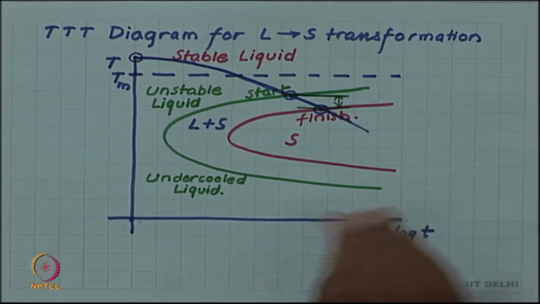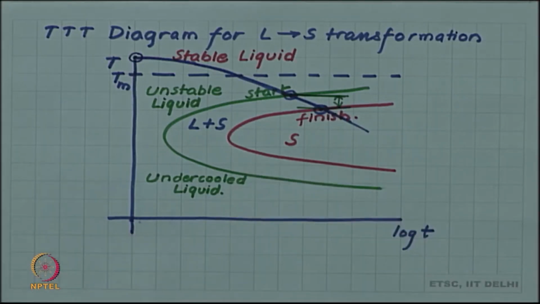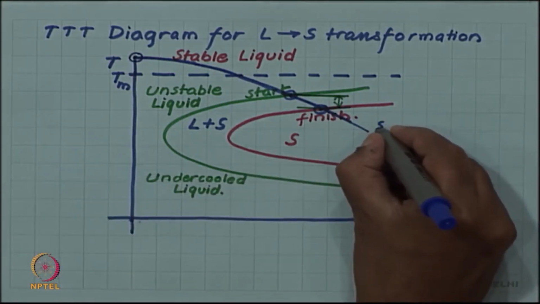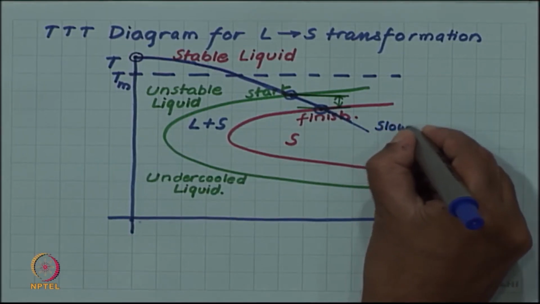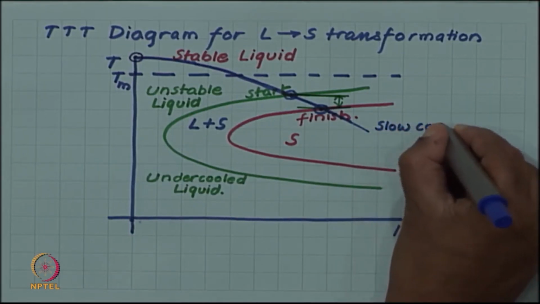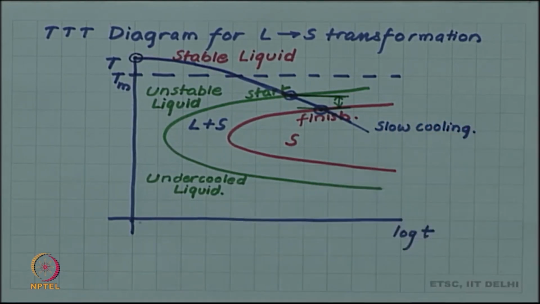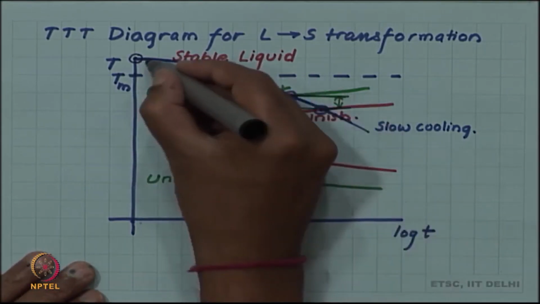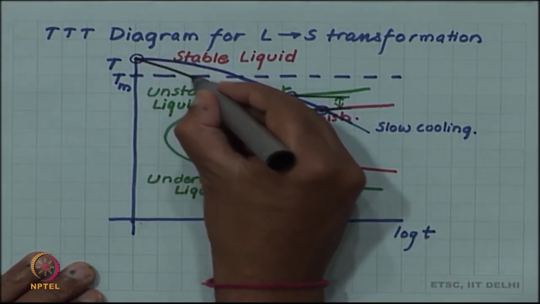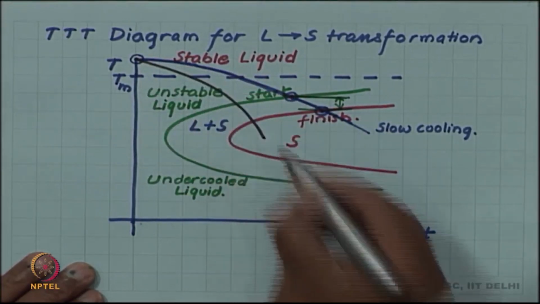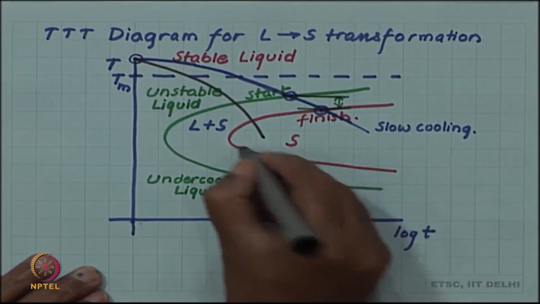And let me label this line as a slow cooling. In comparison with another line which I am going to draw now, which will represent a faster cooling.